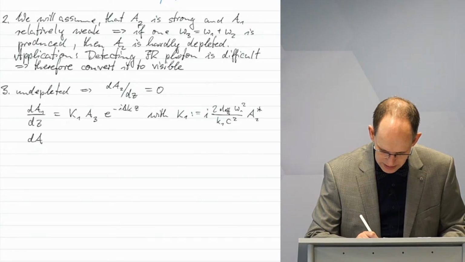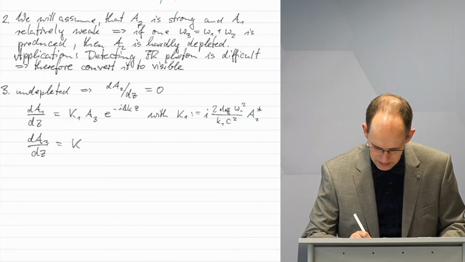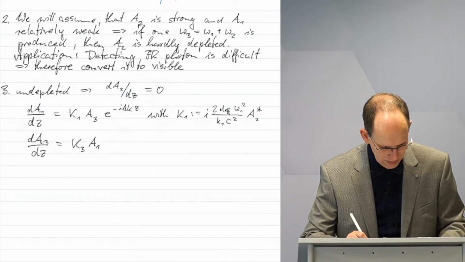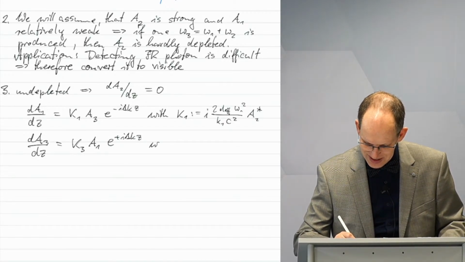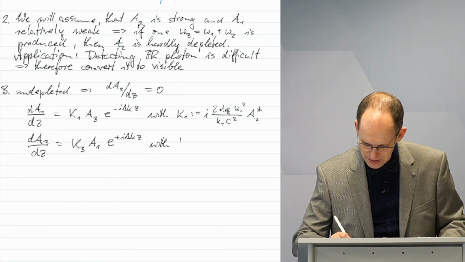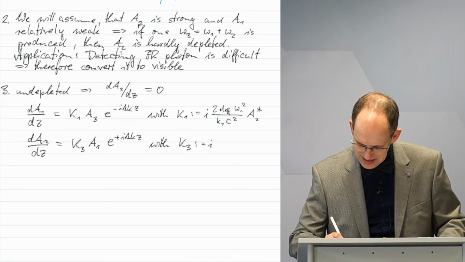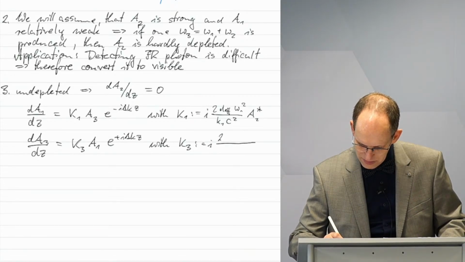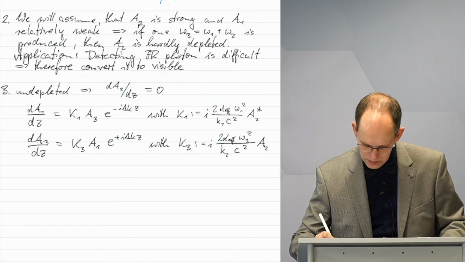The same thing, or the analogous thing, for A3. So there we have K3 times A1 e to the plus i delta k times z, with K3 equals the imaginary unit times 2 times the effective nonlinearity times omega 3 squared divided by k3 c squared and A2.